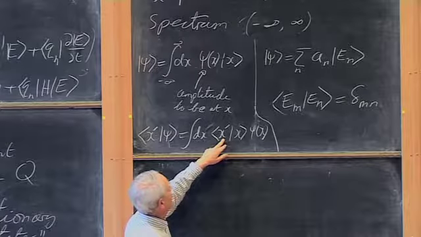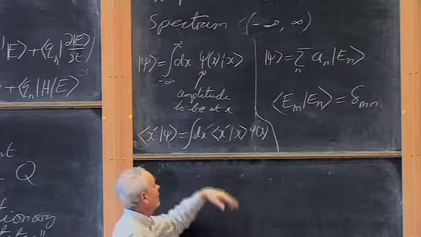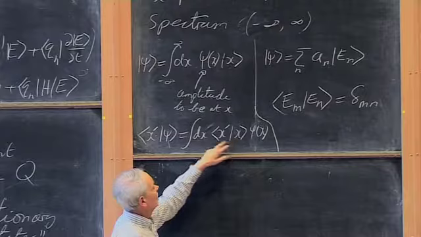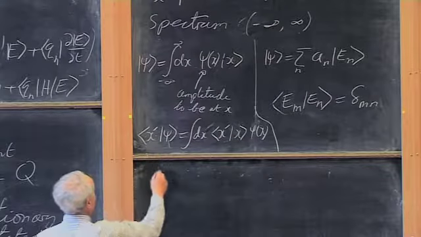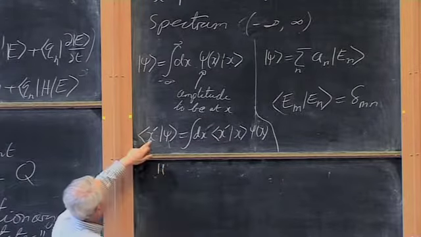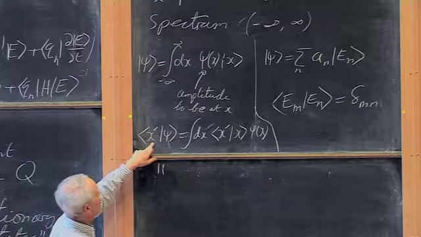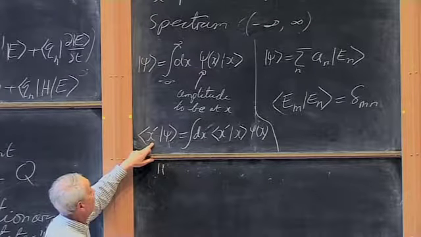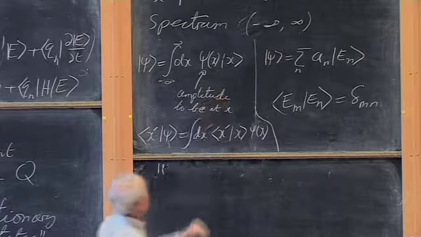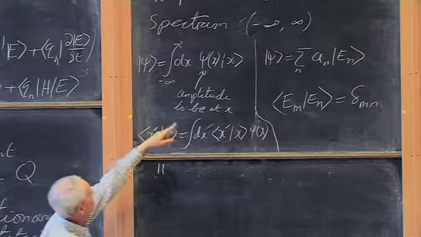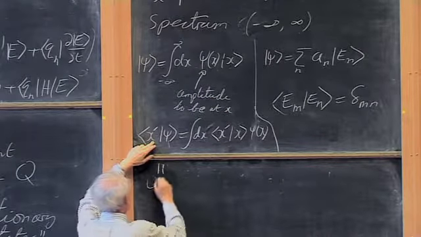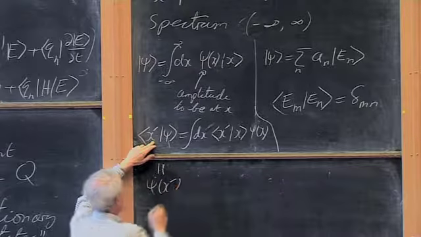It must be non-zero and presumably rather large in order that, well, I think we can fill this in. What is this? By definition, this is the amplitude to be at x primed.